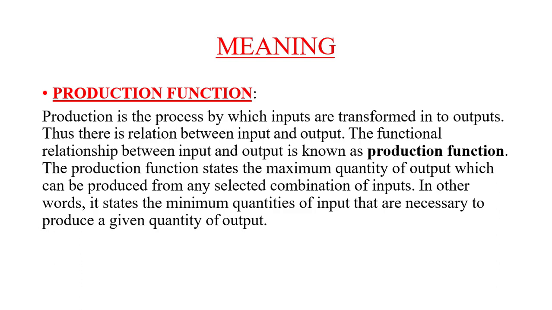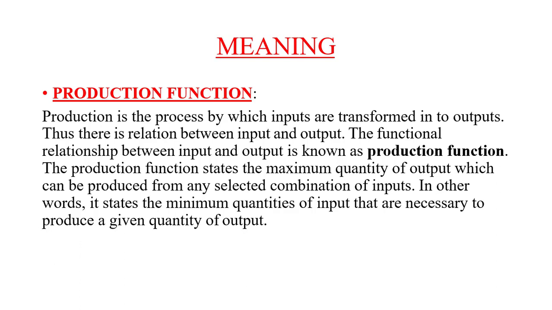Hello everyone. Today we are going to see the next unit, that is unit 4, chapter 7, production function. Now in the production function, we'll see how the inputs and output of a good take place. When we say input and output, what does it mean?